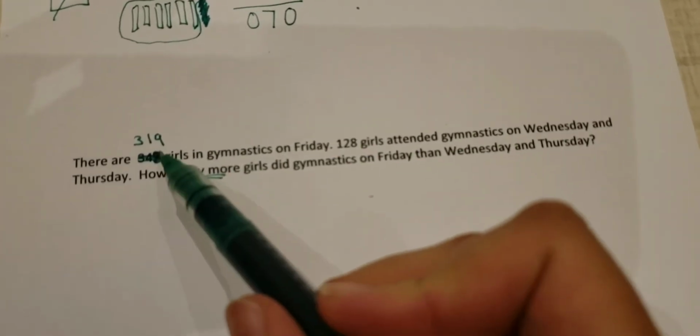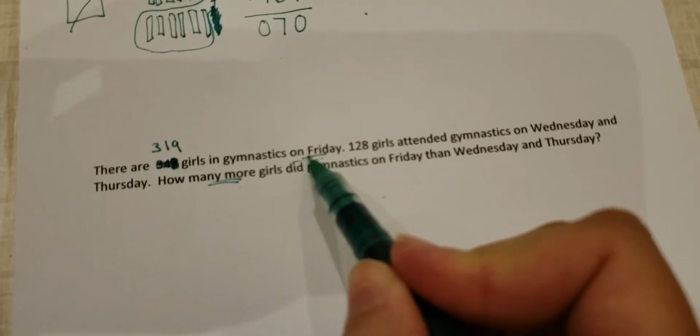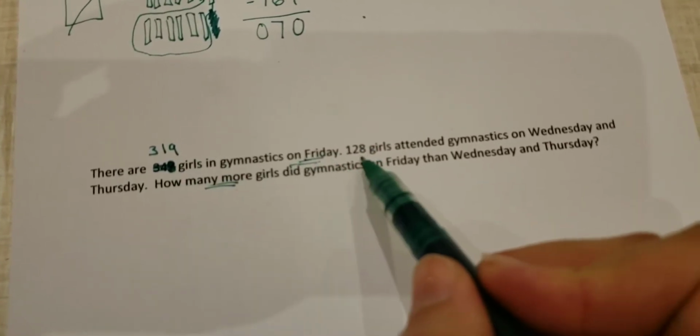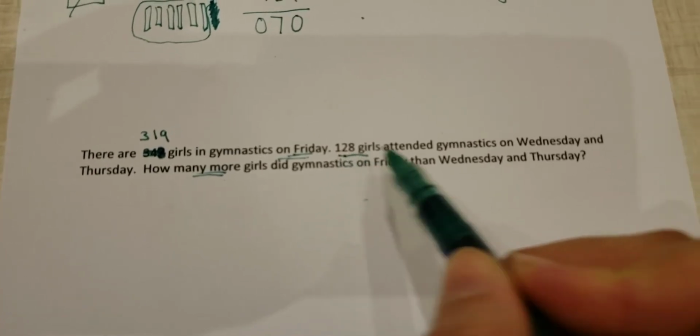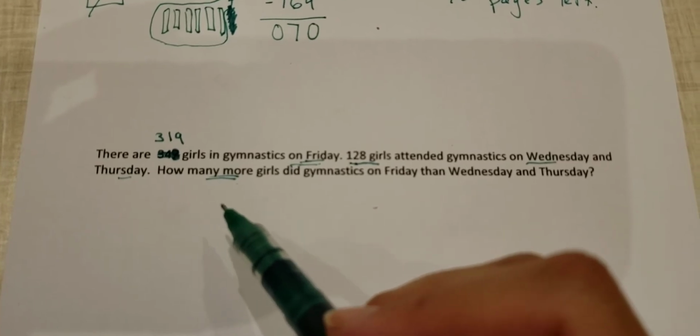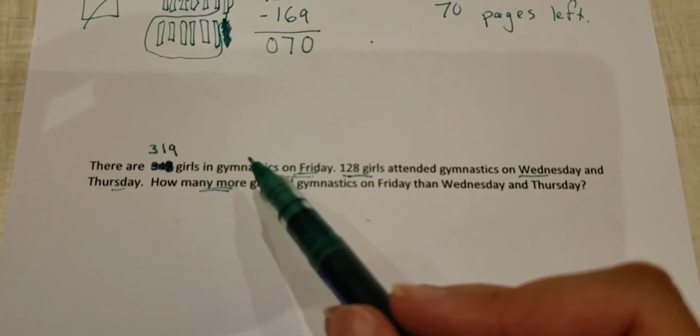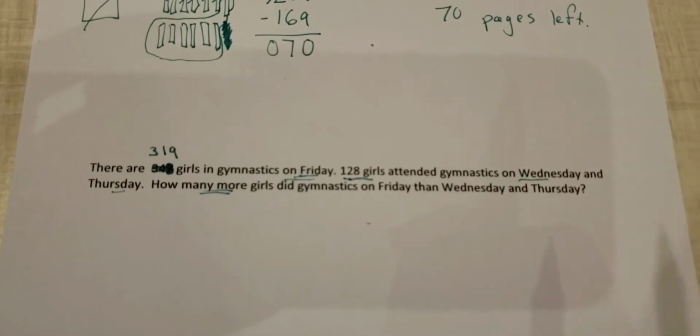Well, I can see that there are 319 girls who did gymnastics on Friday, which is a greater number than the number of girls who attended on both Wednesday and Thursday. So it wants to know how many girls went on Friday that didn't end up going on Wednesday and Thursday.